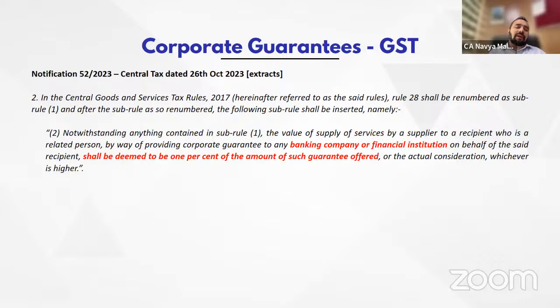And let us say the corporate guarantee or the guarantee agreement says that you shall be paying, let's say 0.25%, यानी कि 2 करोड़ रुपए. तो 2 करोड़ rupees or 8 करोड़ rupees, whichever is higher, and in our case, in our example, it will be 8 करोड़ rupees, whichever is becoming higher.